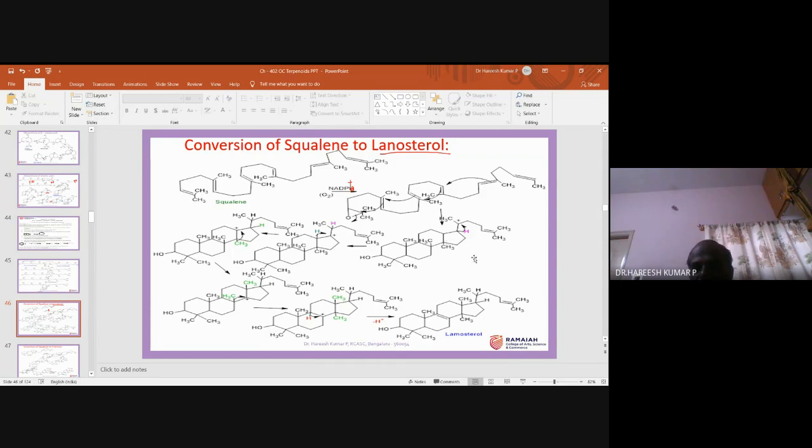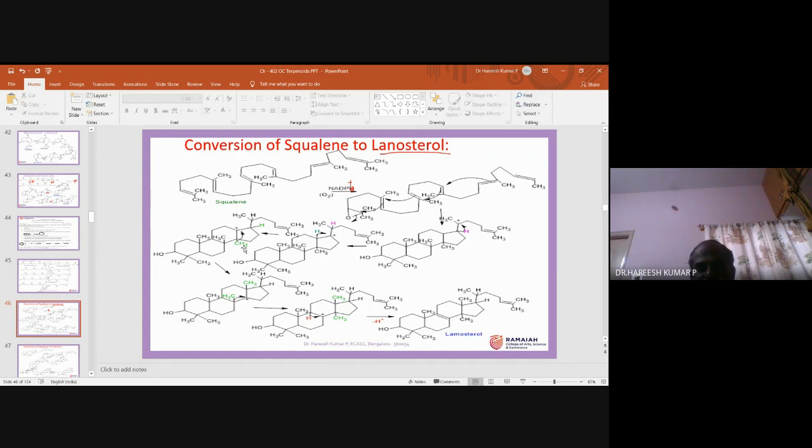At this moment there will be a migration of adjacent groups. Since there is a positive charge here, there will be a 1-2 shift of hydrogen from this carbon atom to this carbon. Then a positive charge forms here. The adjacent hydrogen shifts from here to here, forming a positive charge on this carbon.